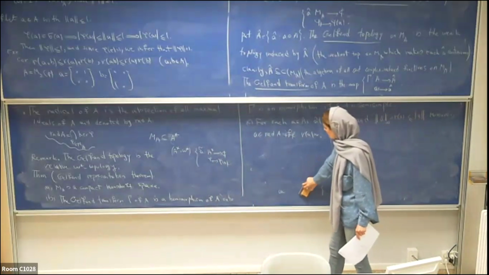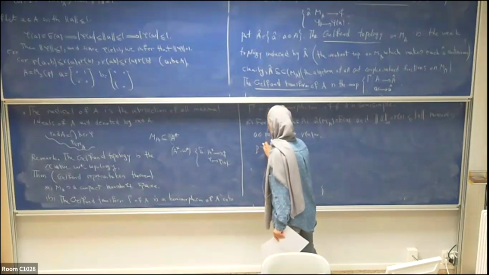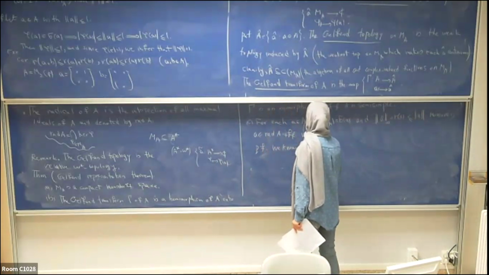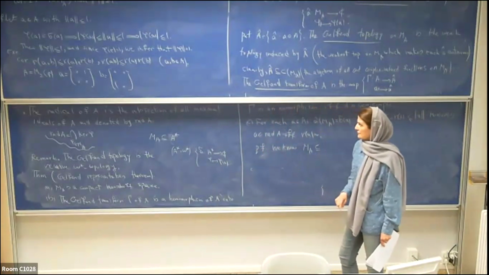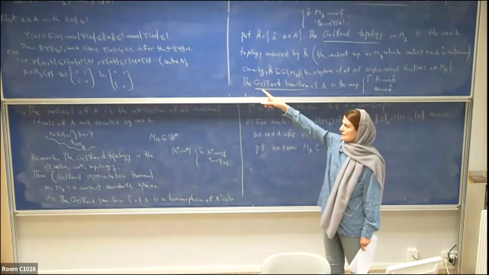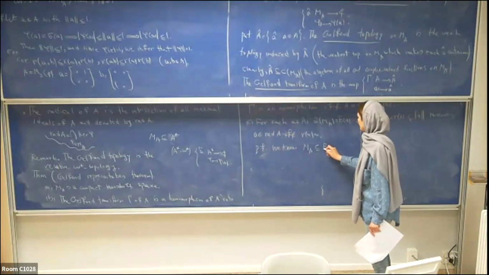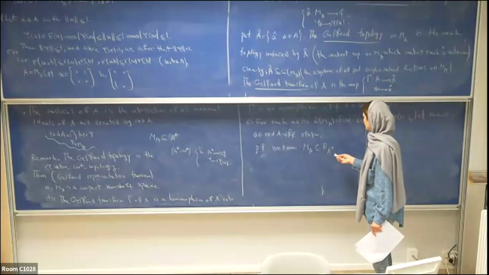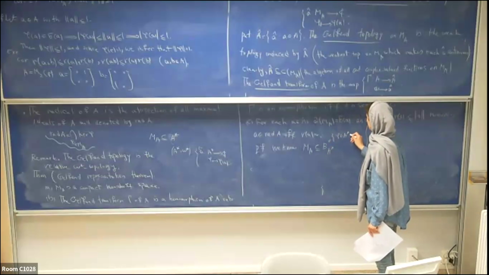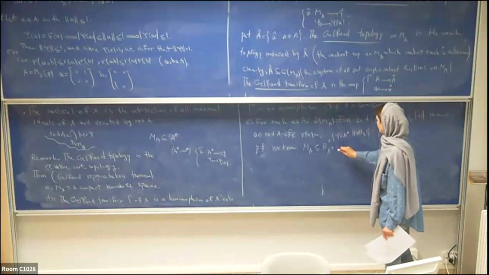For the first part, we know that M of A is a subset of A star, and even in the closed unit ball, B of A star, the dual space, meaning phi in A star with the norm of phi at most 1.